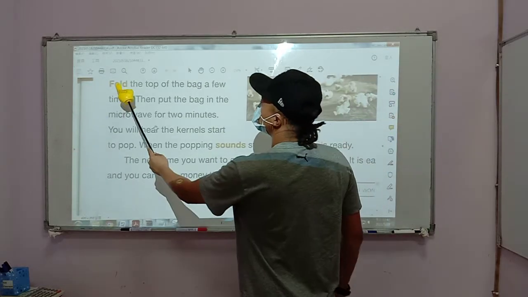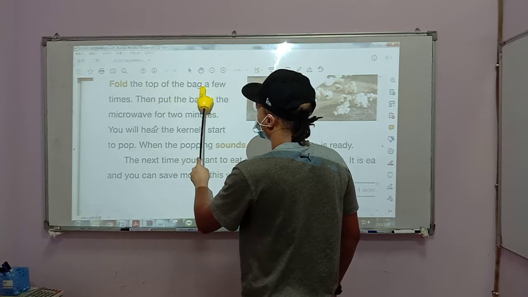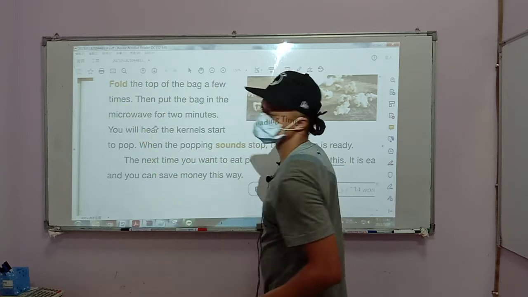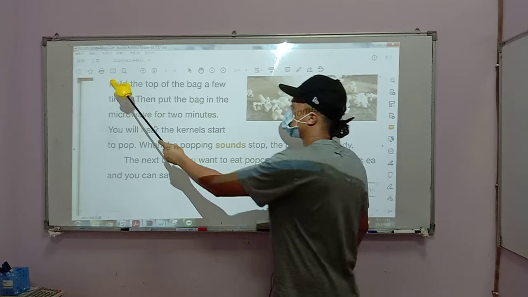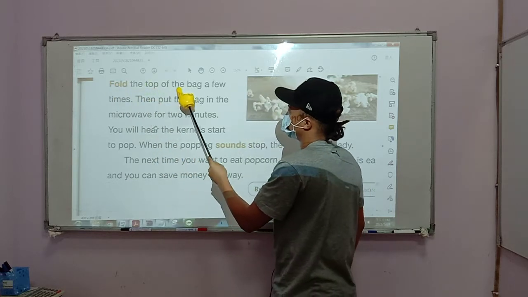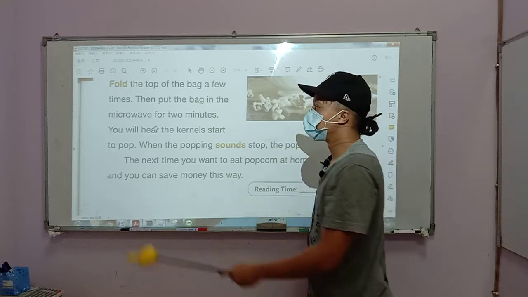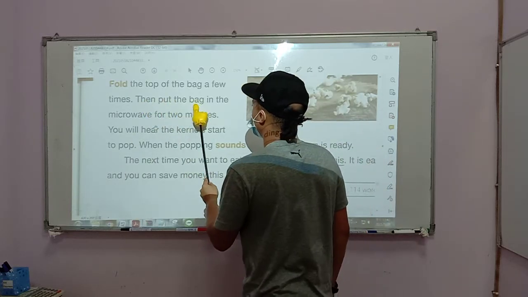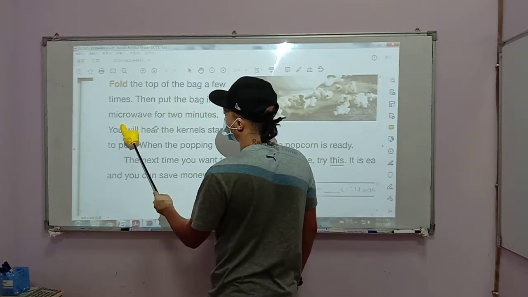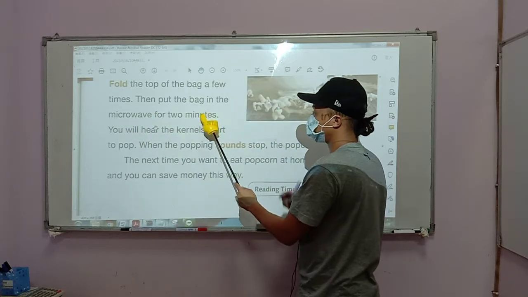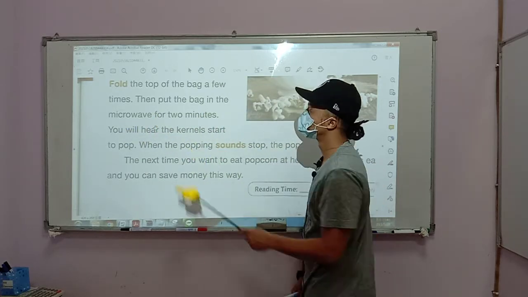Fold the top of the bag a few times. Then put the bag in the microwave for 2 minutes. Right?